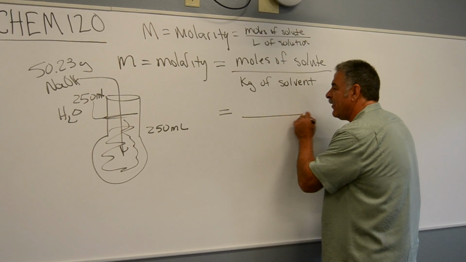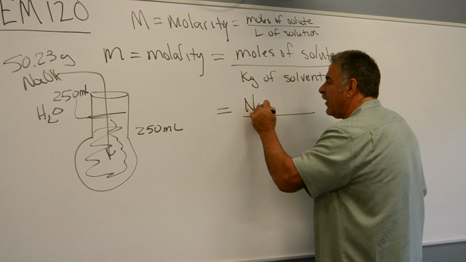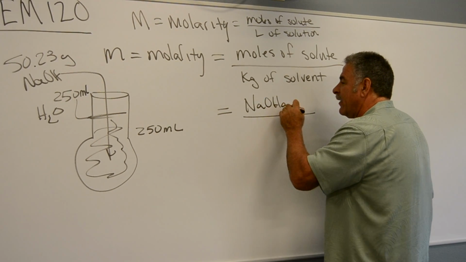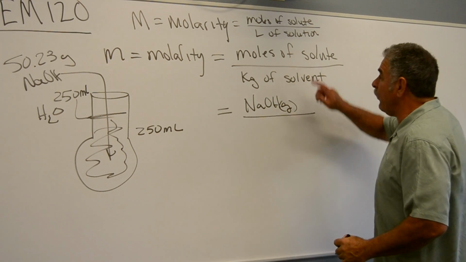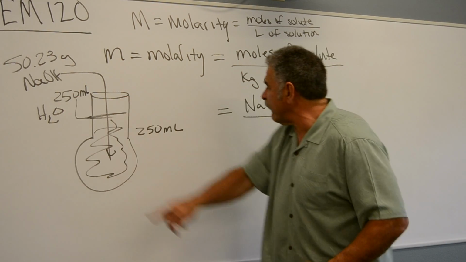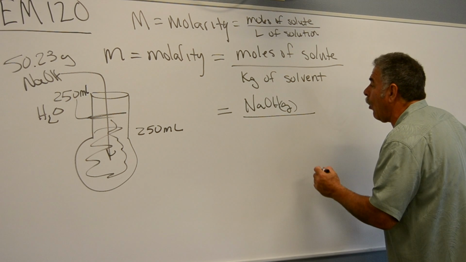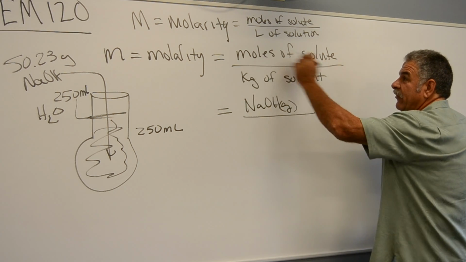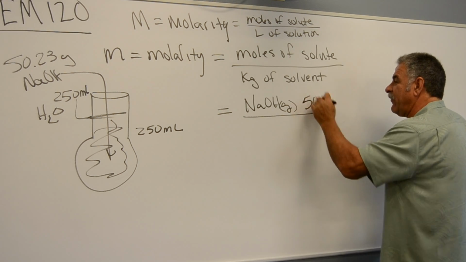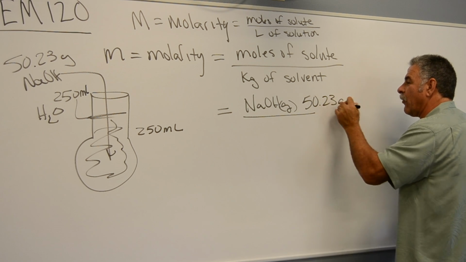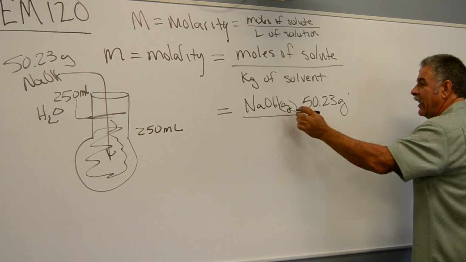As usual, we have to start with our grams of something. And so we have the solute, which in this case is sodium hydroxide. We need to know how many moles of that there are because that's the factor that we have here. So 50.23 grams of NaOH.